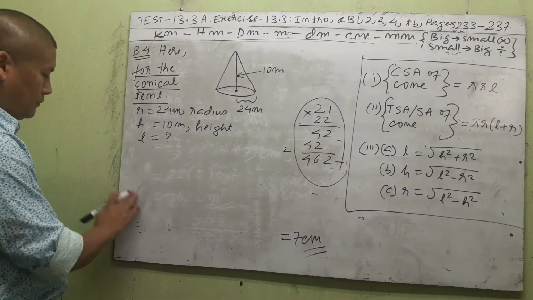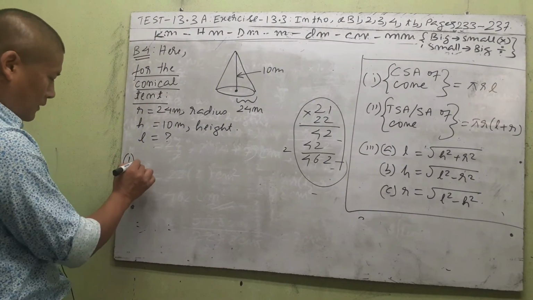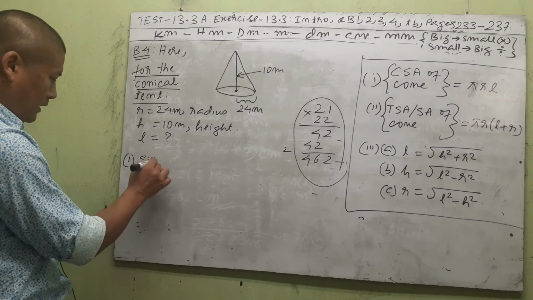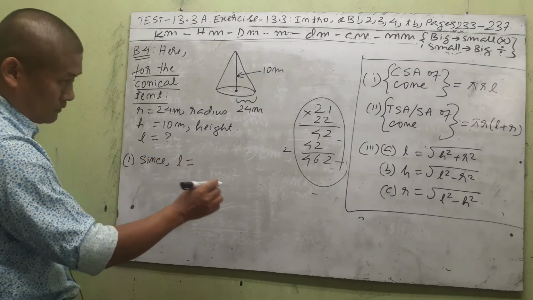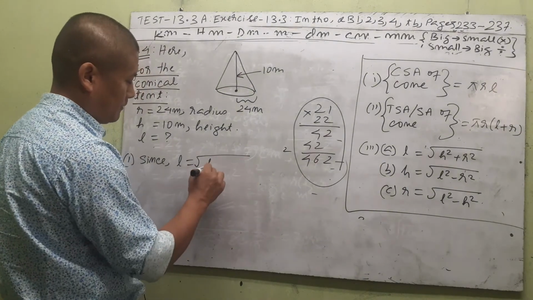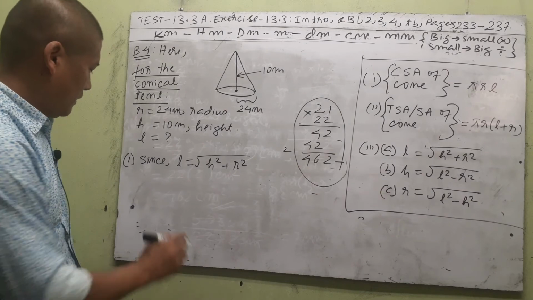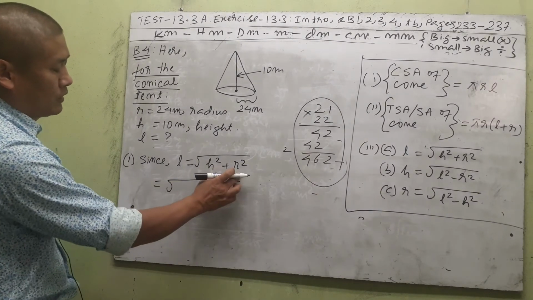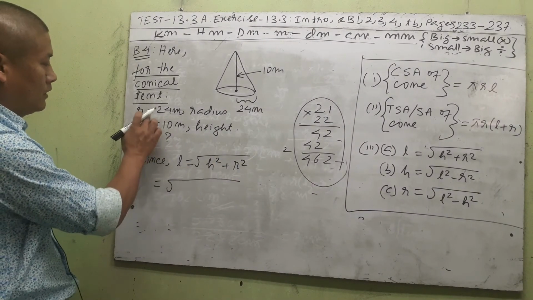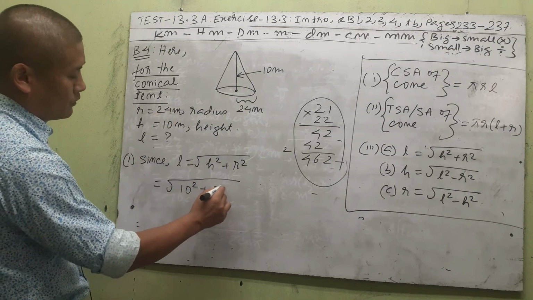Let's do like this. Now, number 1. Since we know by formula, L is equal to root over H square plus R square. So put that. Because we know H and R, that's why we are taking advantage of that. So 10 square plus 24 square.